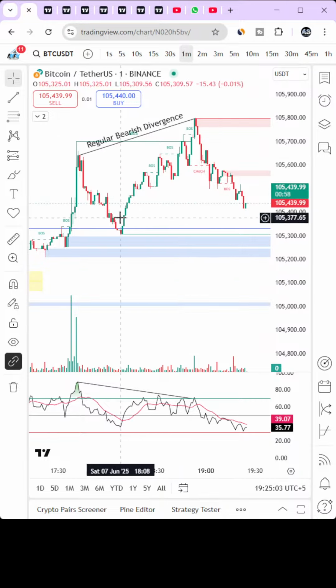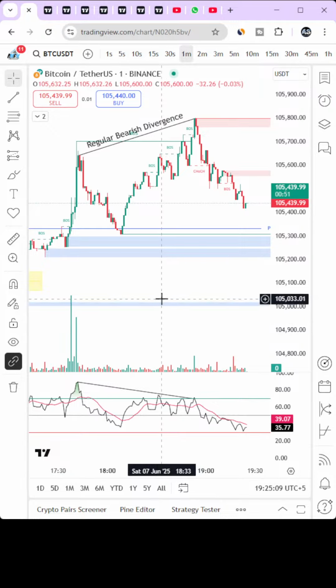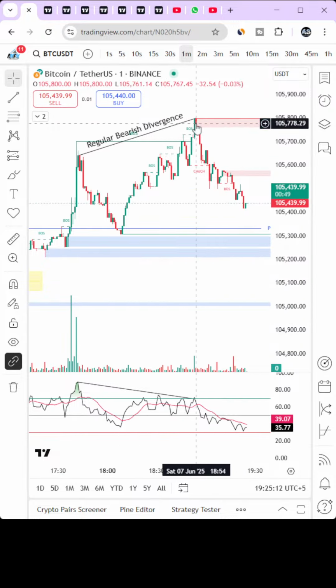Now I have found here the regular bearish divergence. What does this regular bearish divergence do?